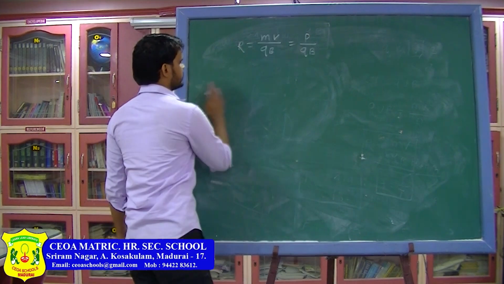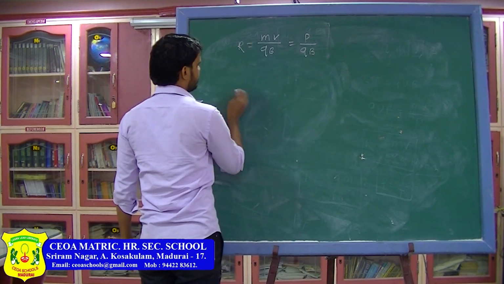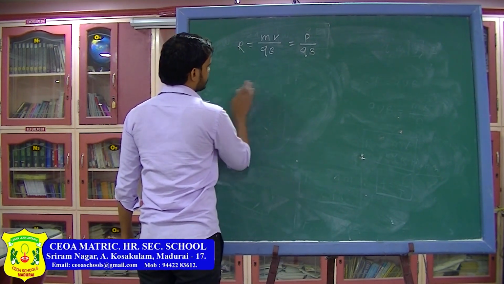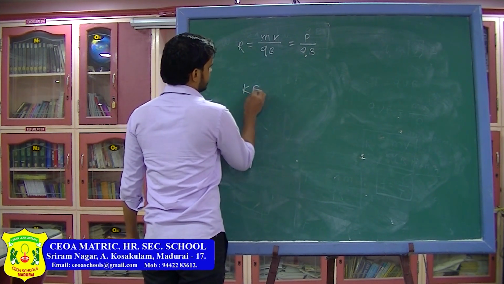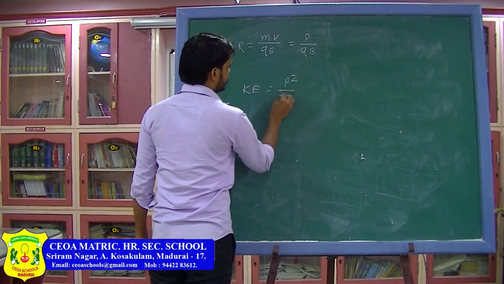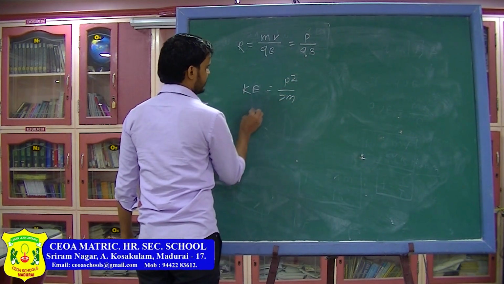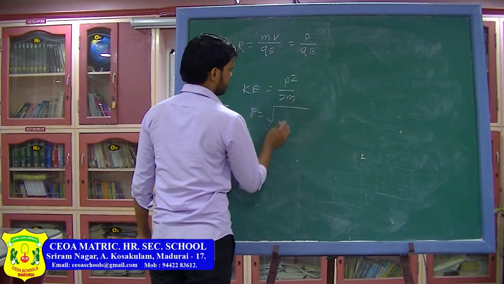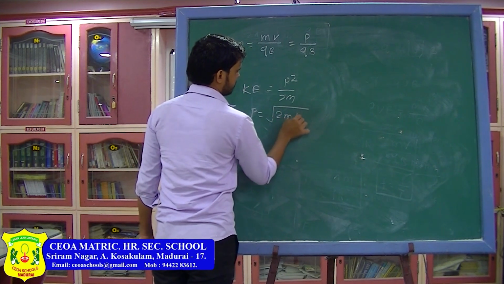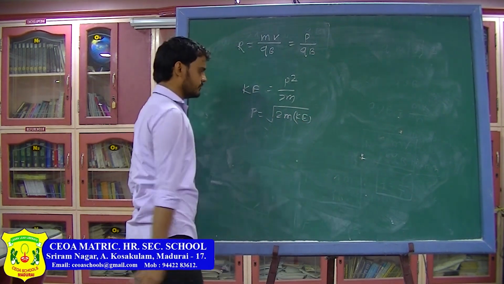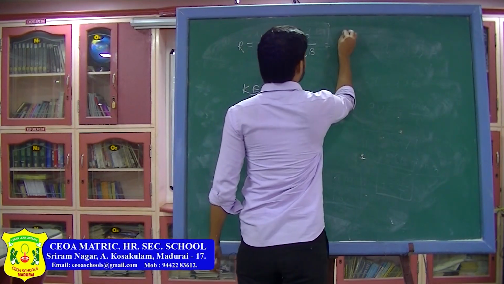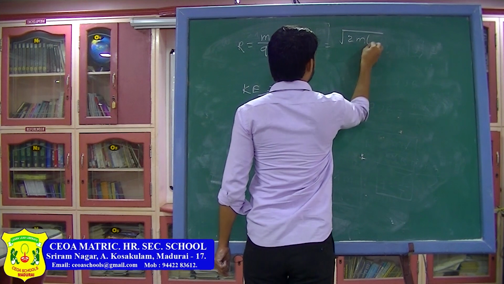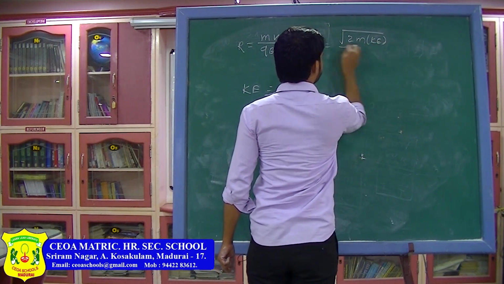And you know the relationship between kinetic energy and momentum: kinetic energy can be written as p square divided by 2m. From here p can be written as root of 2m kinetic energy. So I can replace the value of momentum here, and I will get root of 2m kinetic energy divided by qB.